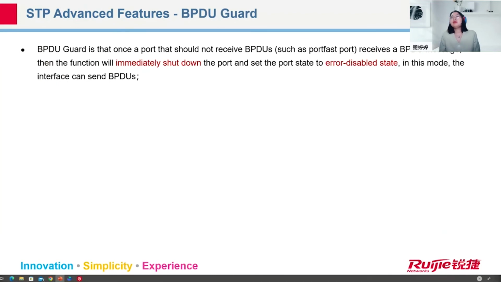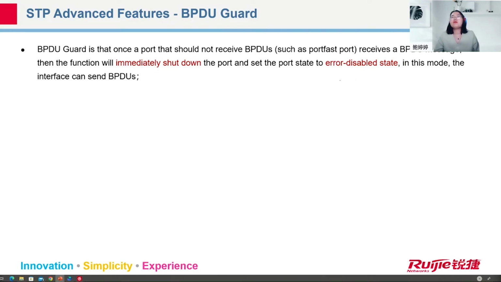And the second one is BPDU guard. BPDU guard is used for a port that should not receive a BPDU. For example, I already made the interface a port fast port, and at this time I receive a BPDU message. If you only have the port fast attribute, we will wait 30 seconds and then enter the forwarding state, right?